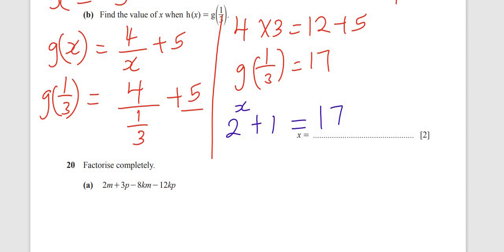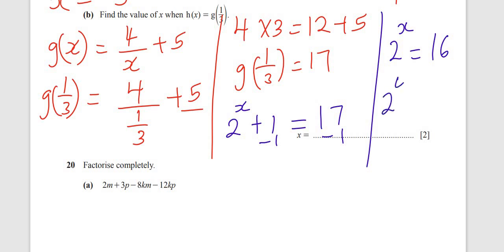So we can take away 1 from both sides, which gives us 2 to the power of x is equal to 17 take away 1, which is 16. So 2 to the power of what equals 16? It's 2 to the power of 4. So 2 to the power of 4 is the same as 2 to the power of x. So that means x is going to be equal to 4.